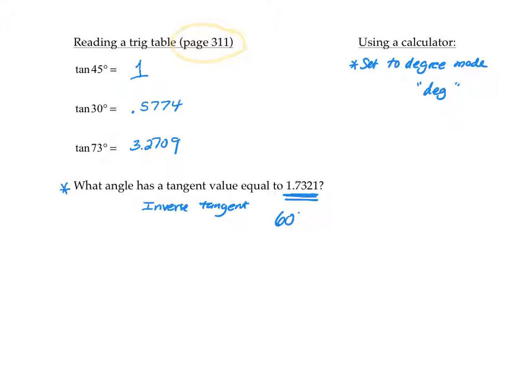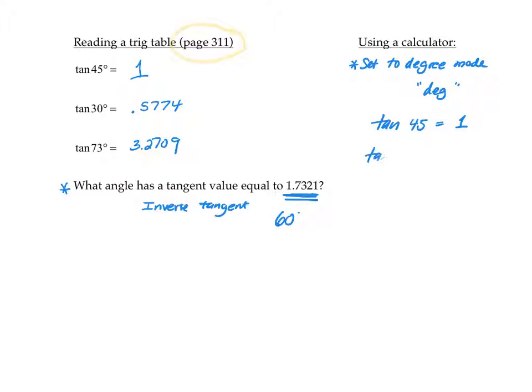So on your calculator, you would hit the tan key. That's for tangent. Sorry, tangent of 45. Let's do that one. If you press tangent and then 45, as long as you're in degree mode, it should come back with 1.